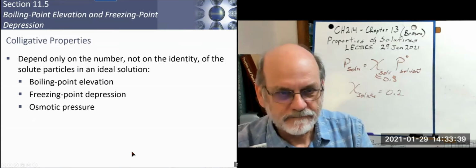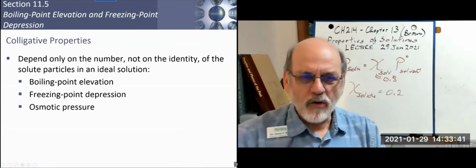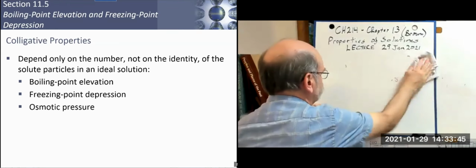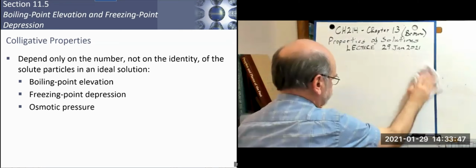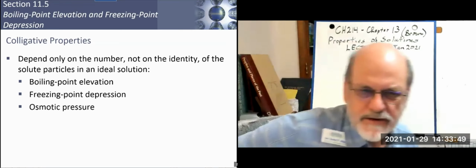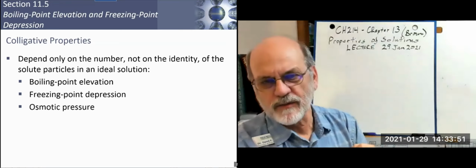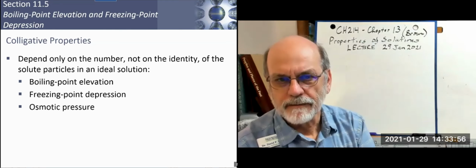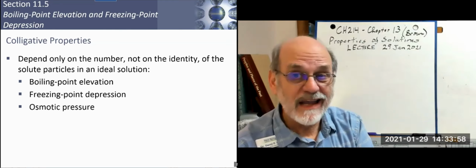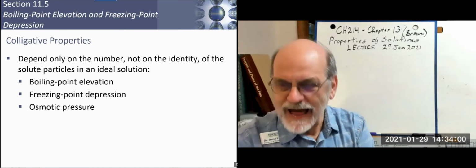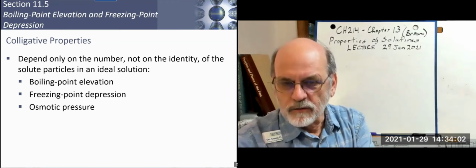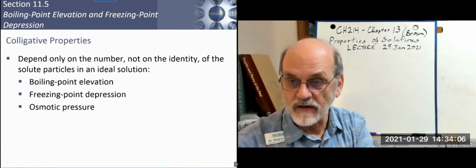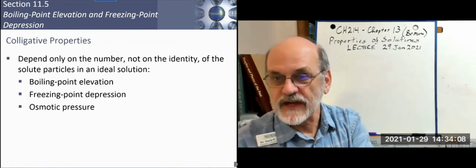Okay, what's a colligative property? Colligative is sort of, I think it's actually from the Latin, and it means a collective property, implying that it really doesn't matter how much of the solute you have in the solvent, you still get the same response.